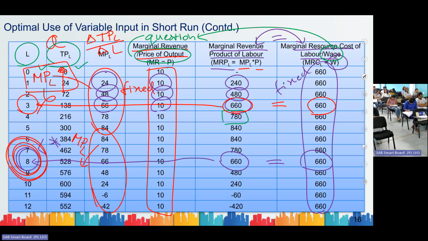Therefore, optimum level of labor is determined at 8 units of labor input. That is critical. That is very important. Thank you for pointing out. I also didn't notice it.